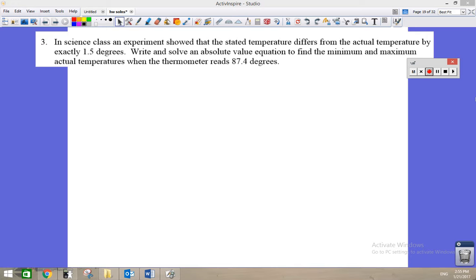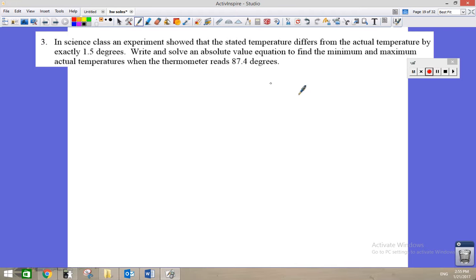Now see, I think the minimum maximum should actually be stated. It should read stated because if the thermometer is reading 87.4, unless we're saying this thermometer has some inaccuracy, maybe that's how they want us to interpret it.